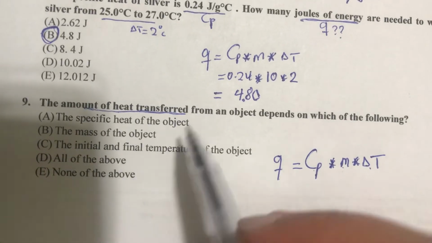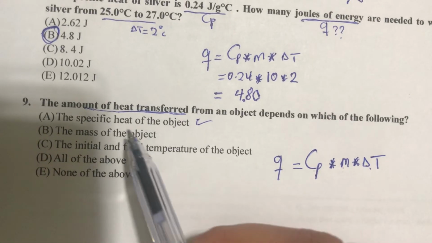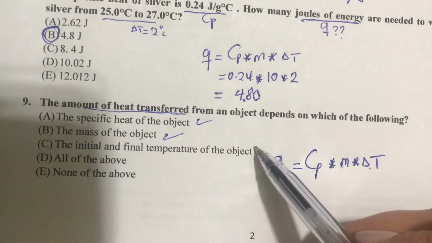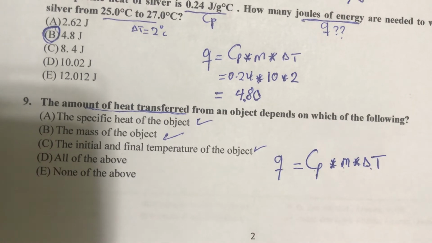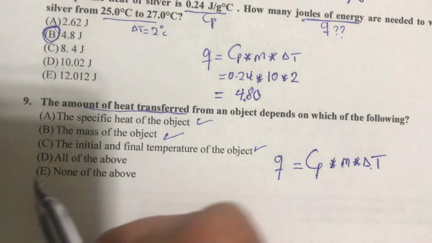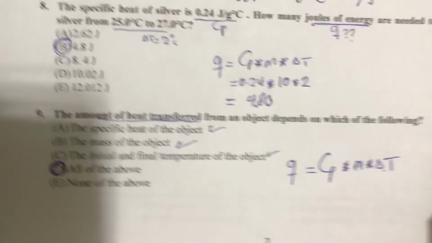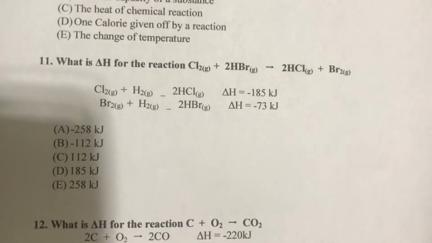So A, the specific heat, yes. The mass of the object, yes. The initial and the final temperature of the object, yes, to get delta T. So all of the above. Question 10.